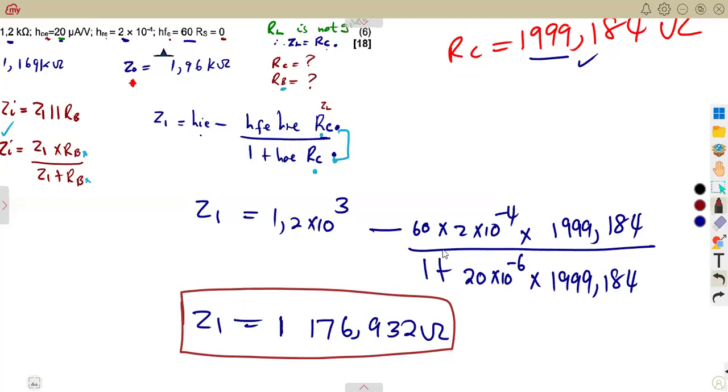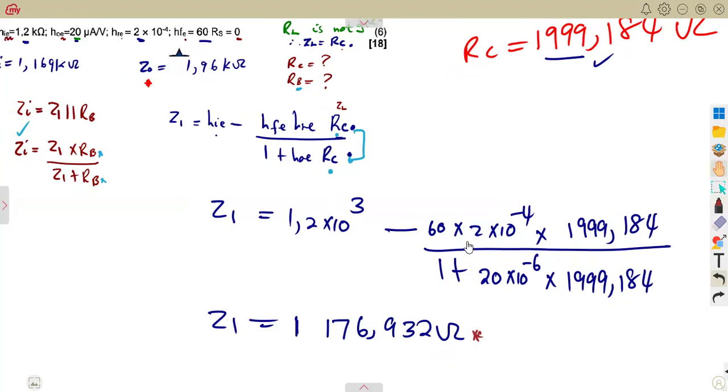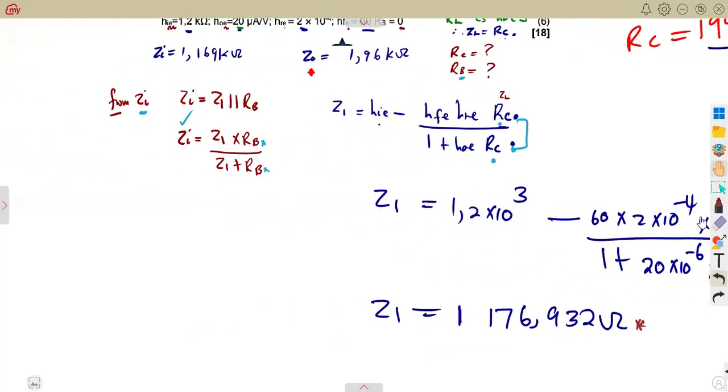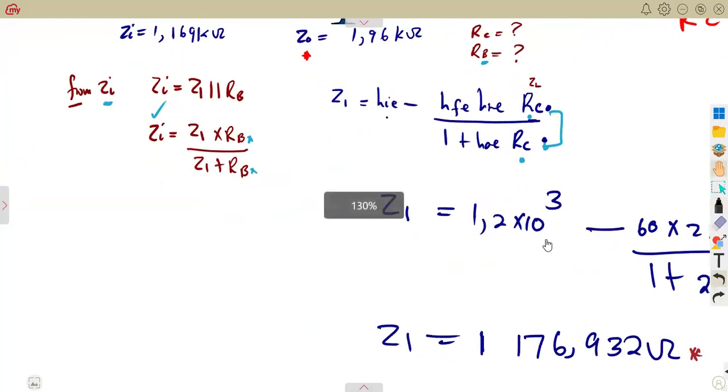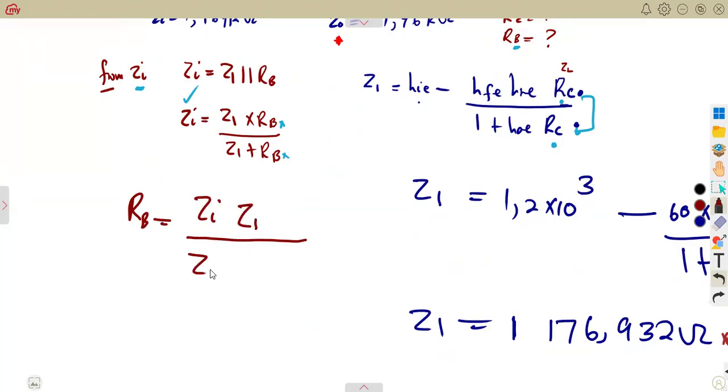With this, we are going to now use it to find our RB at the input, because we saw that Z1 can be related. So again, we're going to make this the subject, just like what we saw. You cross multiply, just like the previous case, we're going to end up with RB at the end as Zin times Z1 over the difference of Z1 minus Zin.